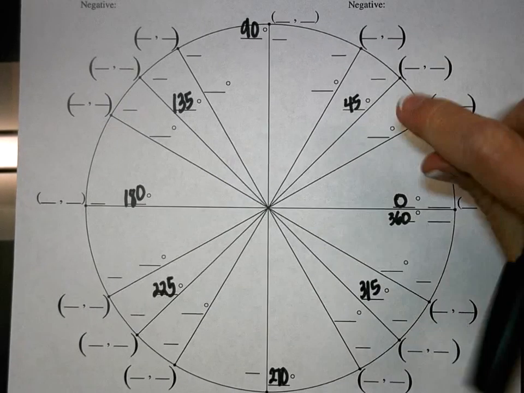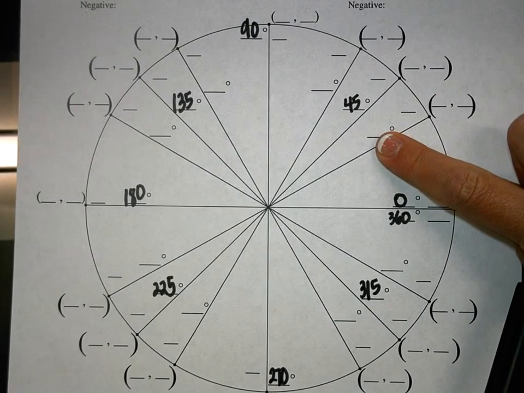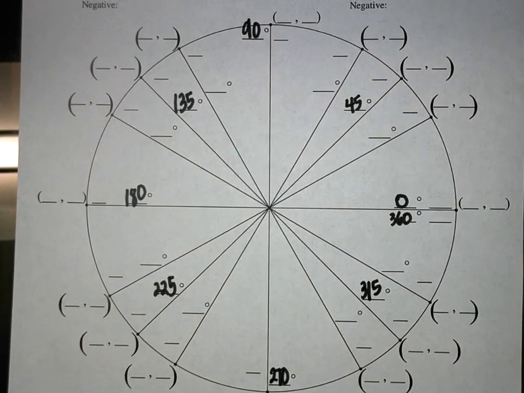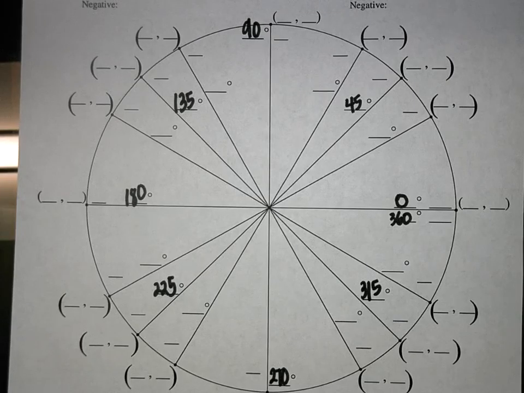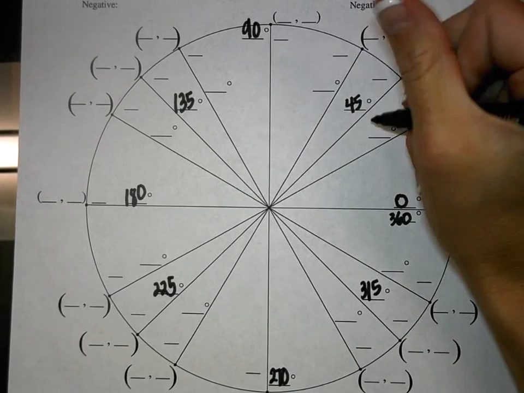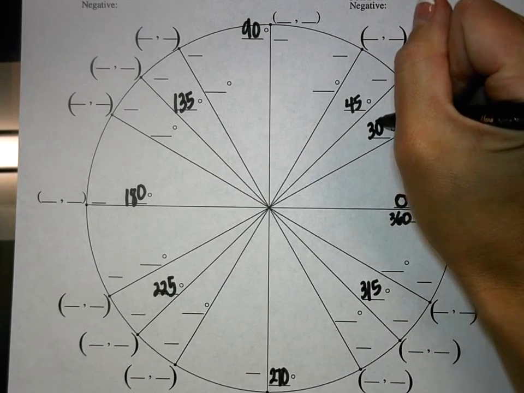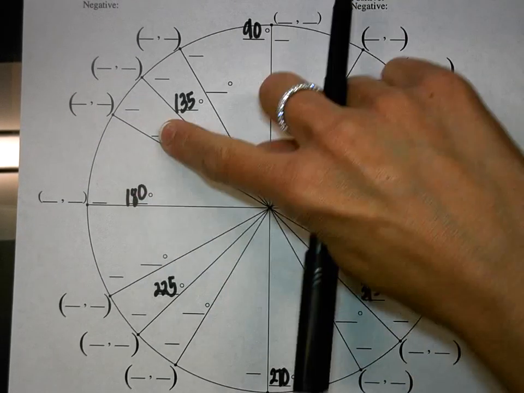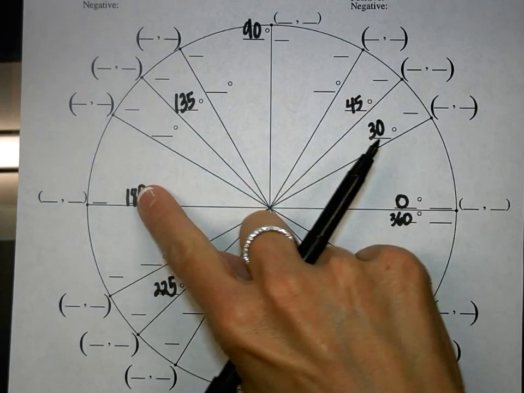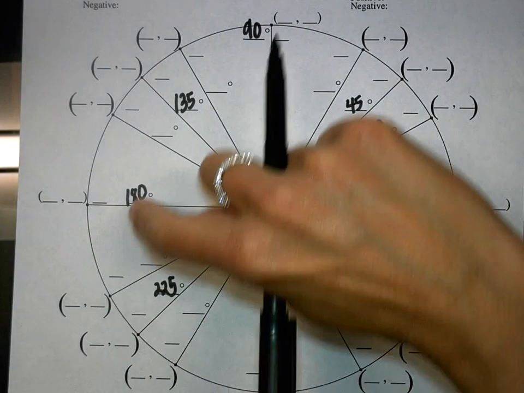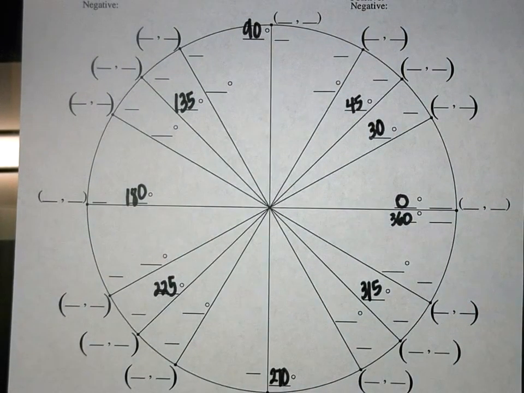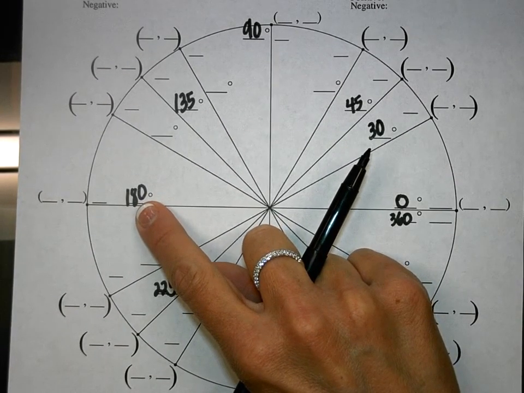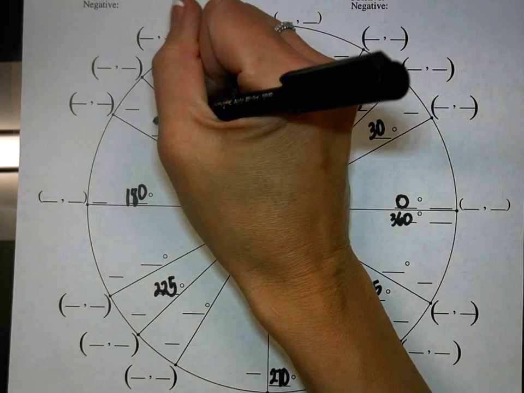All right. So this right here, does anybody know what it's going to be? 30. Because we're dealing with our 30s, our 45s, and our 60s, okay, on this unit circle. And so this one is 30, which means this is where it's kind of different, because here this is where my 30 is, because remember how it's always coming from the 180 mark, and so 180 minus 30 gives us what? 150.